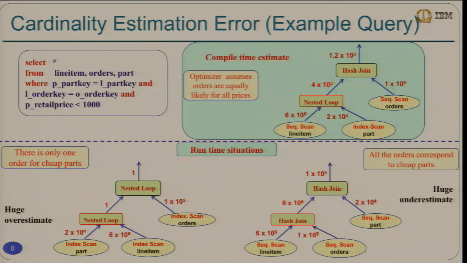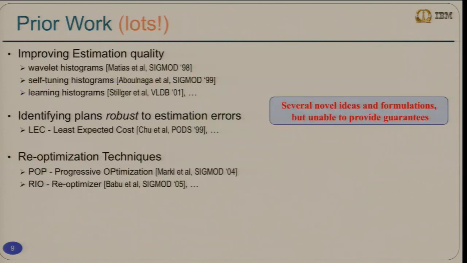Okay. So this is the impact of what happens at compile time and what happens at runtime when a query comes and when you are trying to execute it. I will not spend much time here.